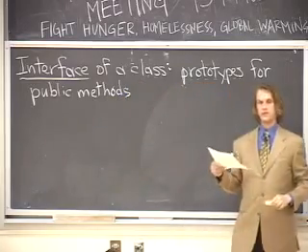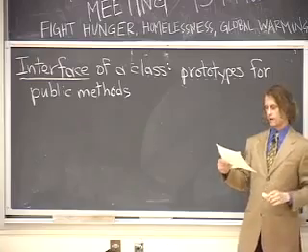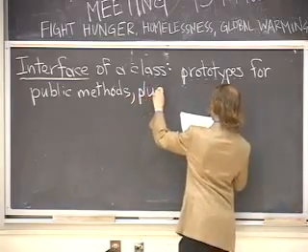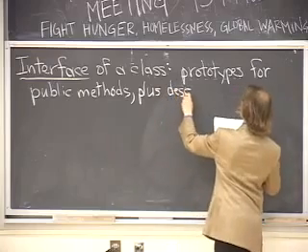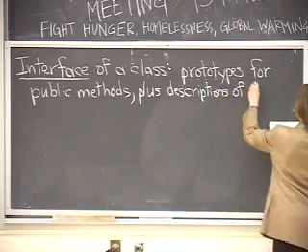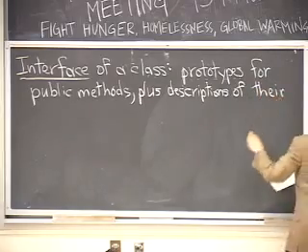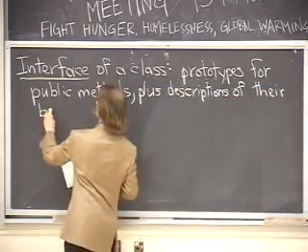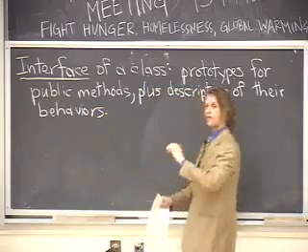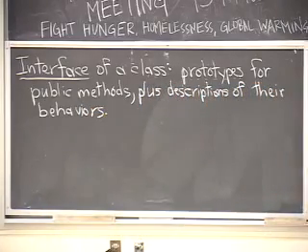But an interface is made up of two things. One is the prototypes for the public methods, and occasionally the public fields, plus descriptions of those methods' behaviors. And those descriptions are in plain English.